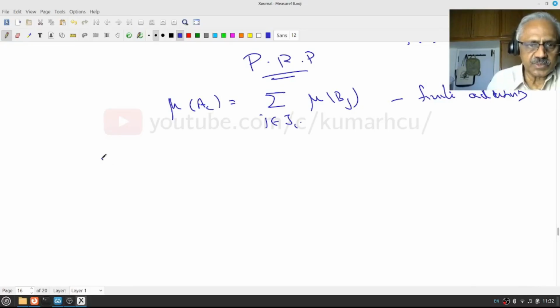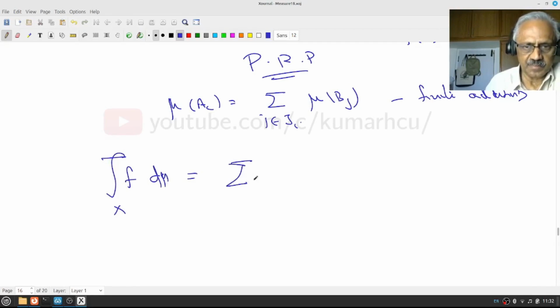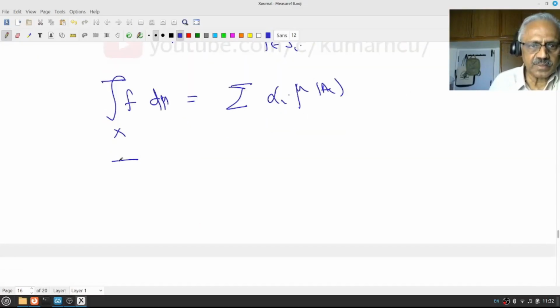Okay, now let's do this. Therefore, the integral of f dμ over X by definition is the summation of α_i μ(A_i). And for the other one, let us look at this, the summation of β_j times μ(B_j), j equal to 1 to n.